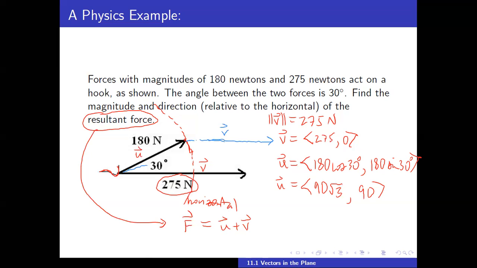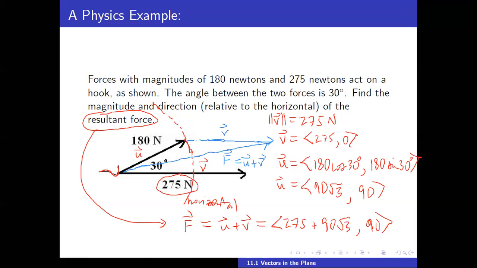The resultant force is simply going to be the third leg of this triangle. So this is the resultant force, which is U plus V, okay? So the resultant force is basically in that direction if I take the sum total of those two together, okay? And so what we're going to get here is 275 plus 90 square root of 3, comma, 90. There is the resultant force.